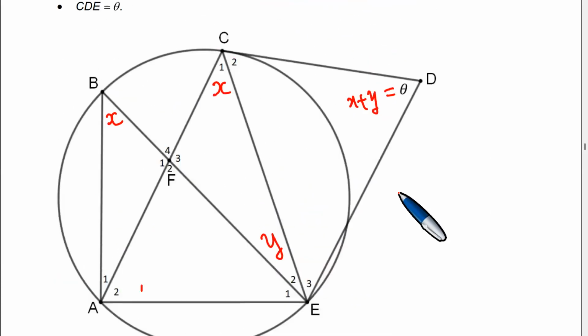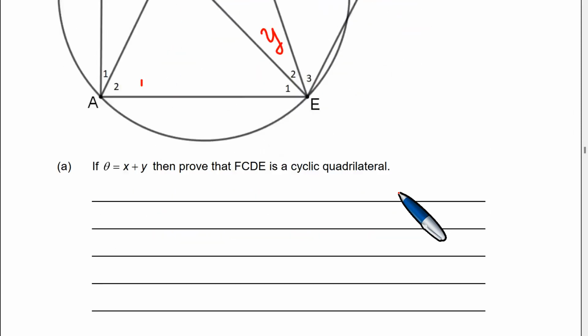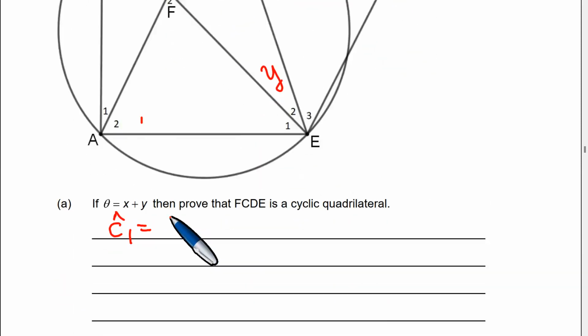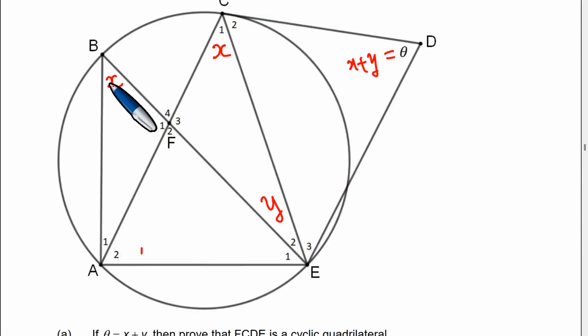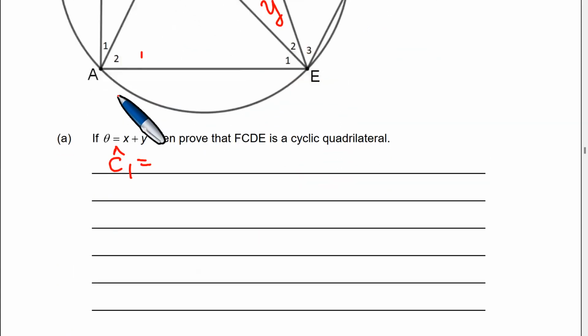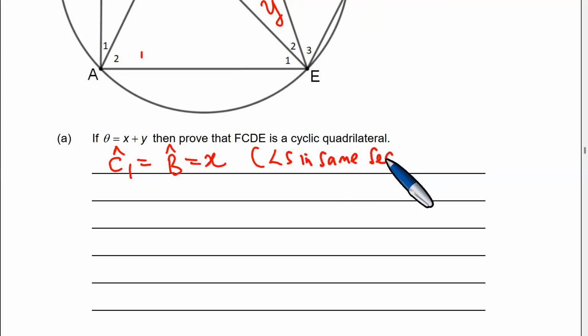So we start by saying angle C1 is equal to angle B, and this angle B equals X. Why are these equal? Because they are angles in the same segment.